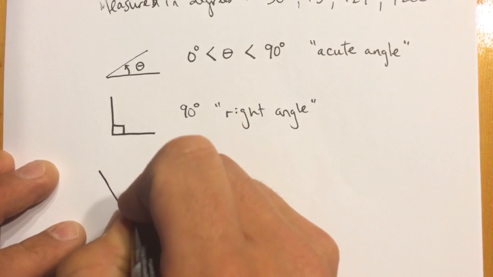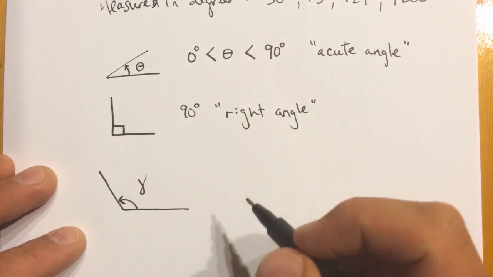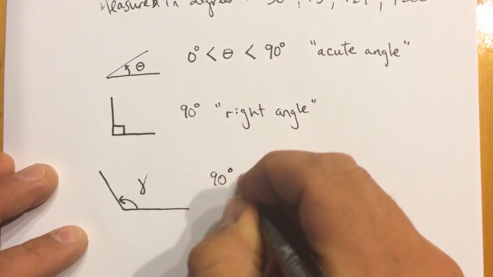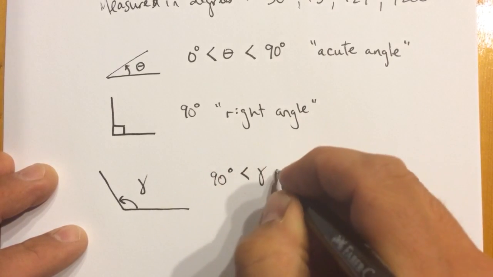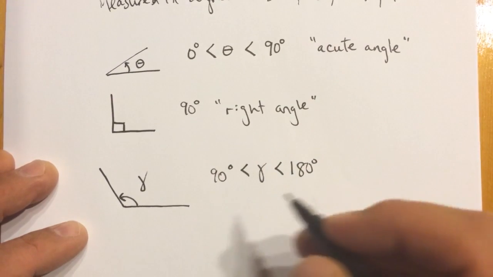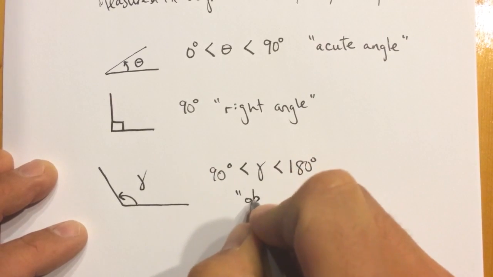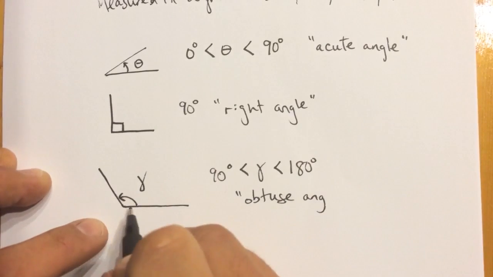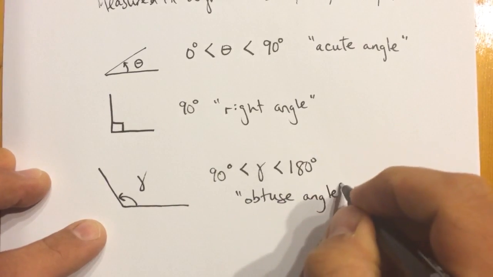I'm going to use a different letter for this. How about gamma, another Greek letter? If 90 degrees is less than gamma, and gamma is less than 180 degrees, we call that an obtuse angle. Obtuse means blunt, so that's not so sharp right there. An obtuse angle.